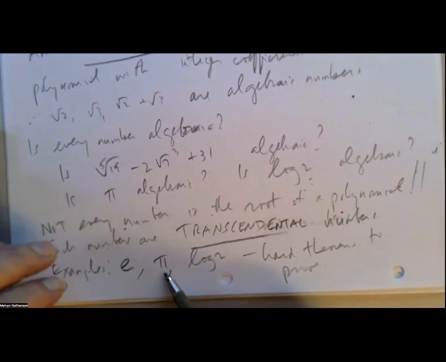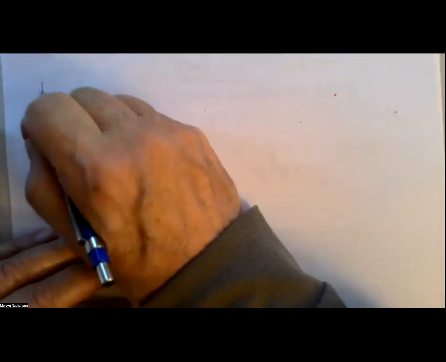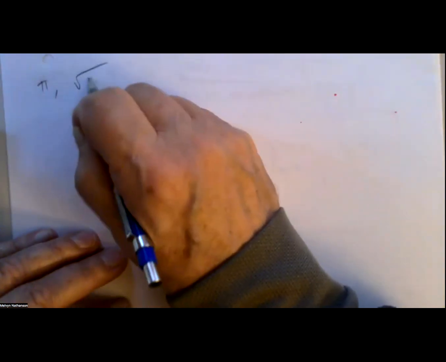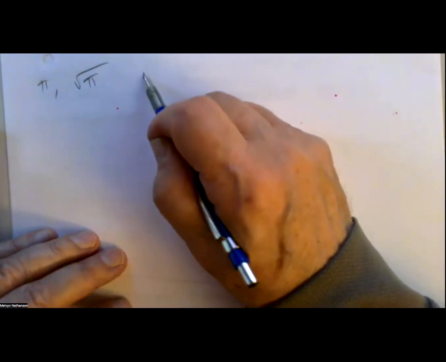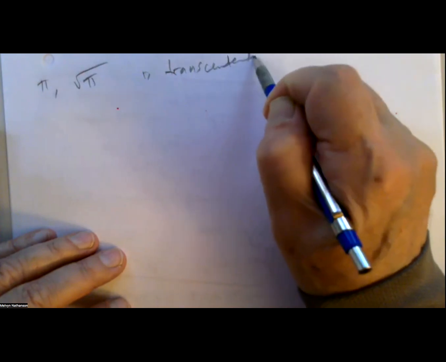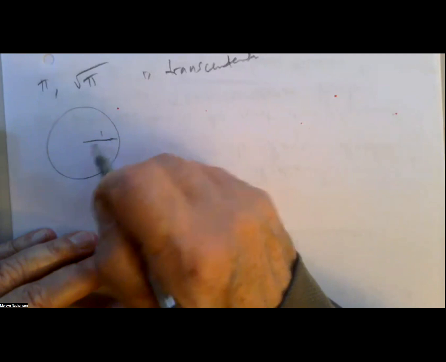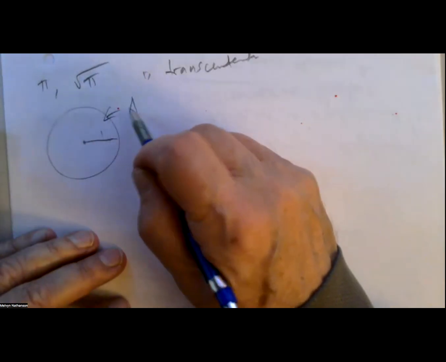And in particular, pi is transcendental. Now, if pi is transcendental, also square root of pi is transcendental. Suppose you had a circle of radius 1. So what is the area of the circle?